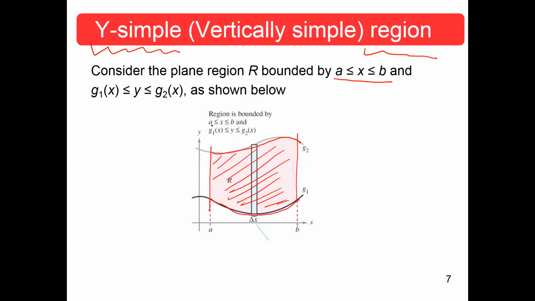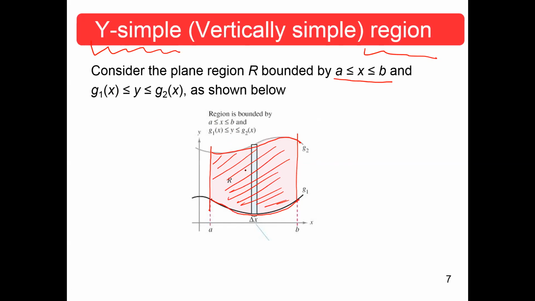So we can say x is between a and b, and y is between g1 of x and g2 of x. Is that good? Yes.